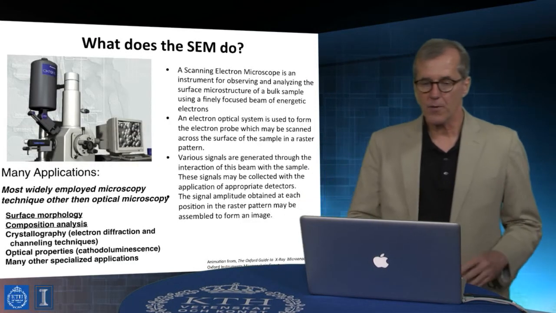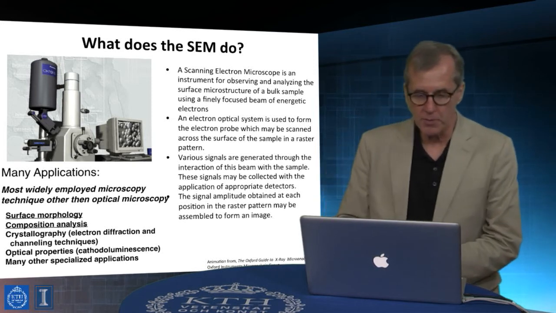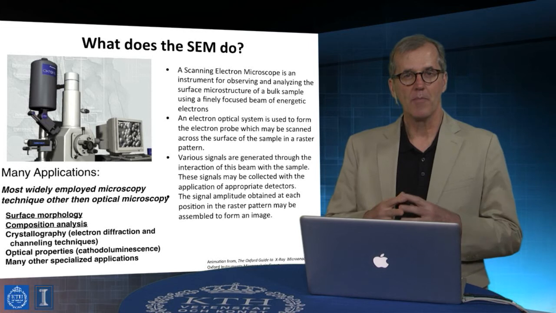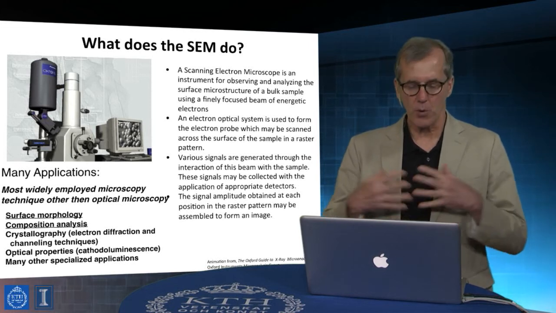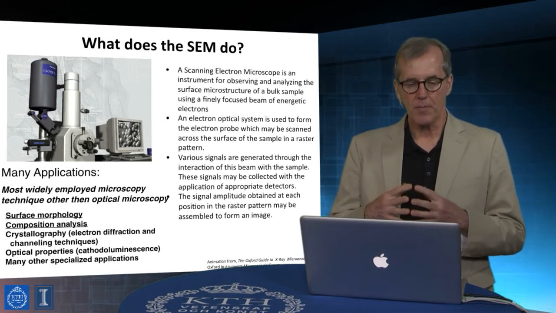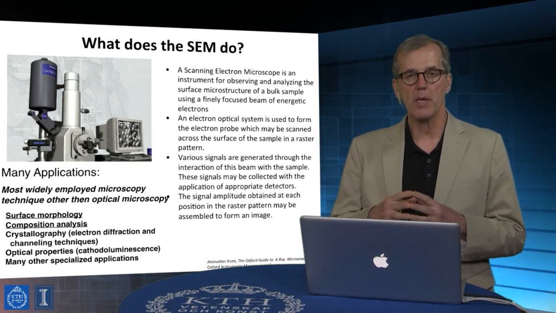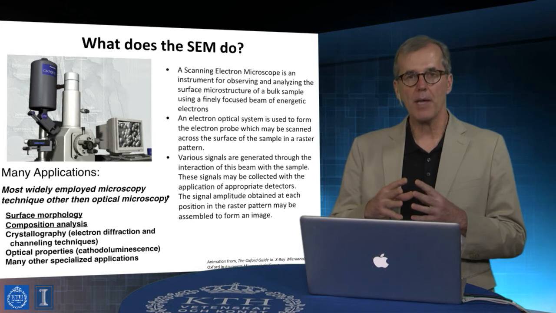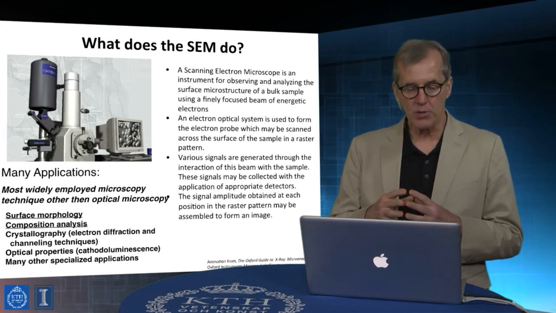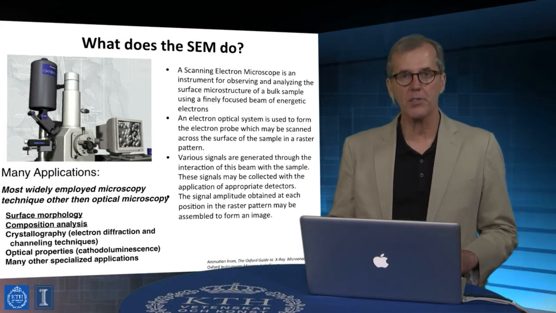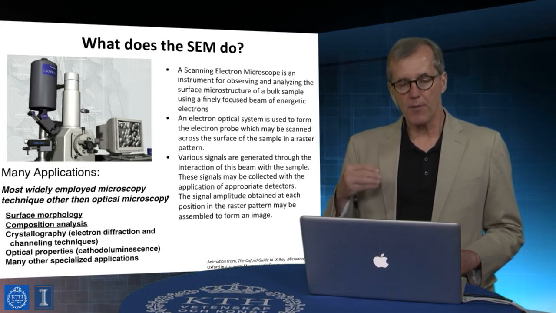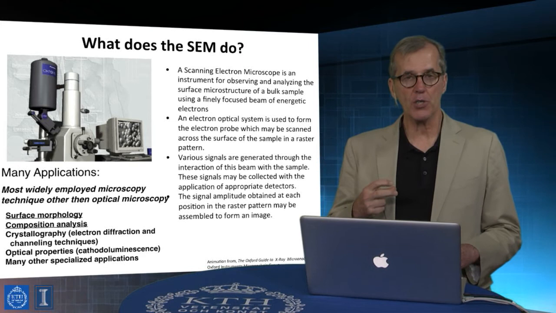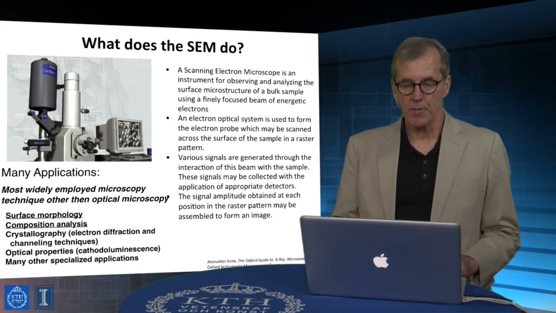So first and foremost, what does an SEM do? An SEM largely takes pictures, but not with photographic film, but via the interaction of an electron beam with a material surface. We can obtain information about the topological characteristics, surface morphology, and in very powerful ways, information about the composition of a material.